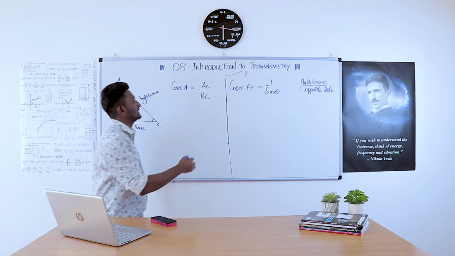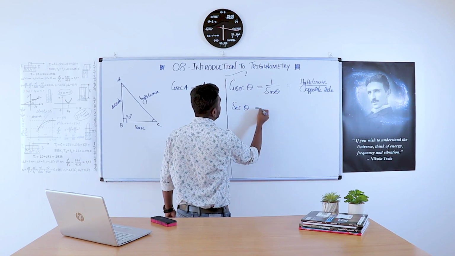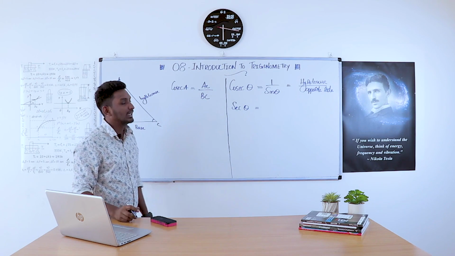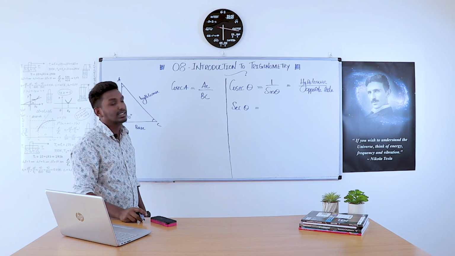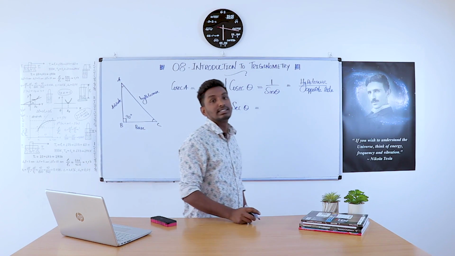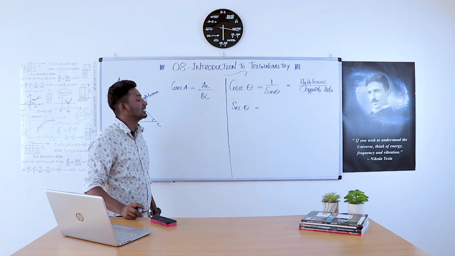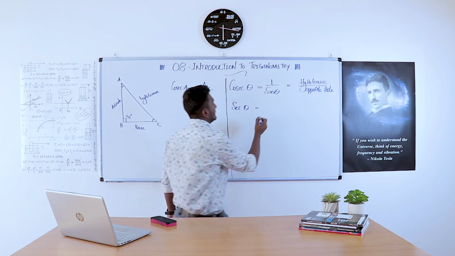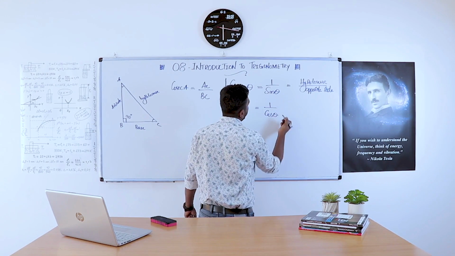The next reciprocal function is sec theta. Sec of any angle theta is the reciprocal function of cos. So sec theta can be written as 1 by cos theta.